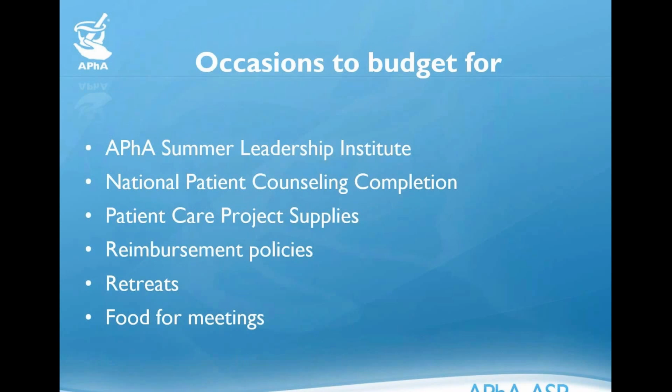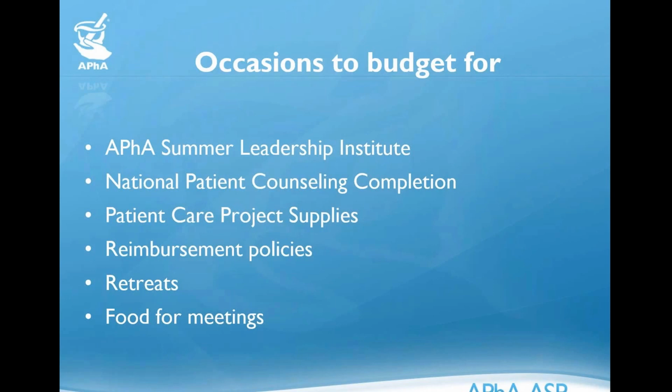Occasions to budget for. Some very good occasions are the APhA Summer Leadership Institute, which occurs in July in Washington, D.C., the National Patient Counseling Competition, patient care project supplies, and reimbursement policies.